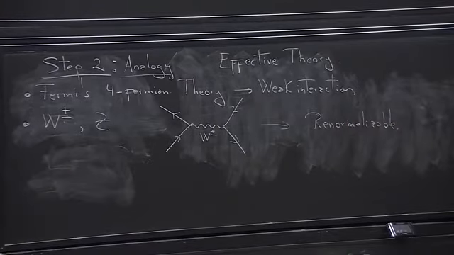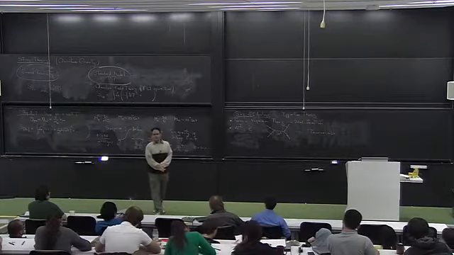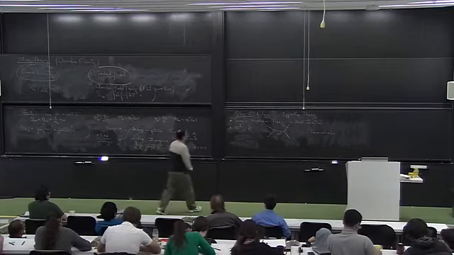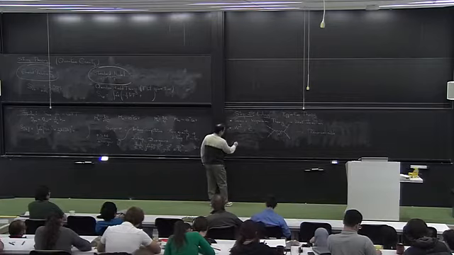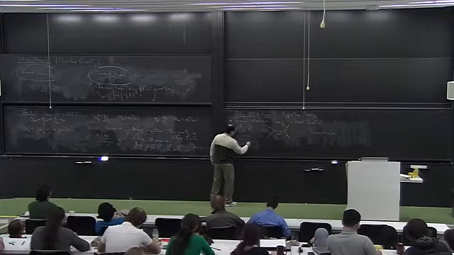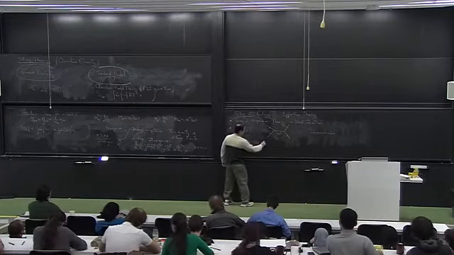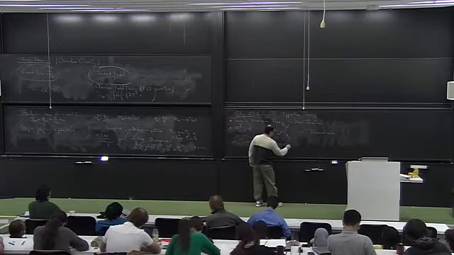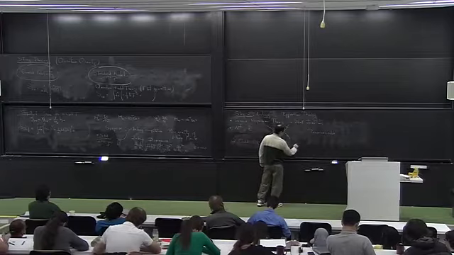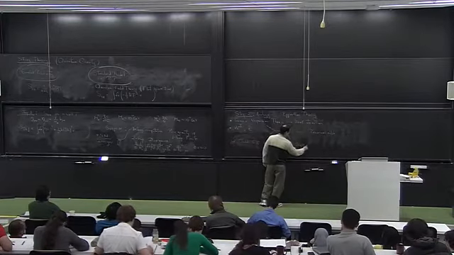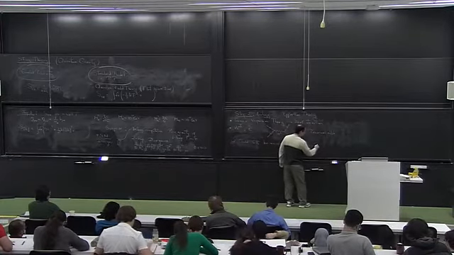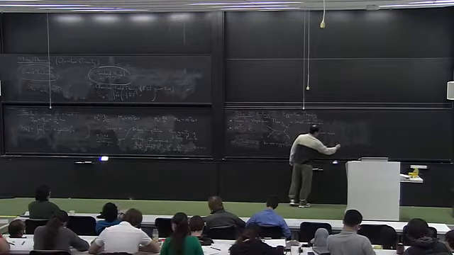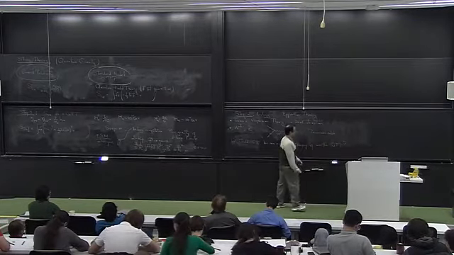So we could ask the same thing about gravity. Could it be that general relativity is just an effective action of something else? So the question is, could GR be an effective theory of another quantum field theory?